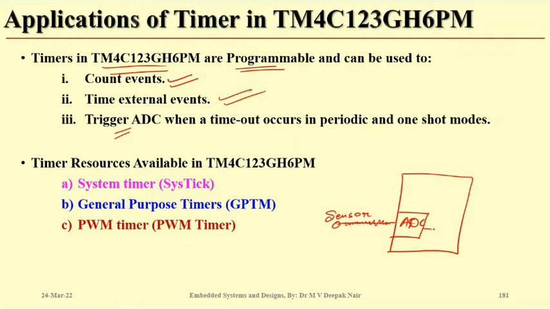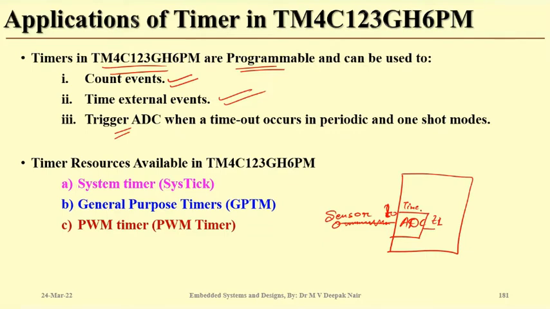Now the ADC will take some time to convert this analog signal to its digital equivalent. It is not that it will change simultaneously at time t0. If it is getting the signal, it cannot generate the output also at time t0. It will take some time t1, or t0 plus delta t. After some time, it will generate the output.